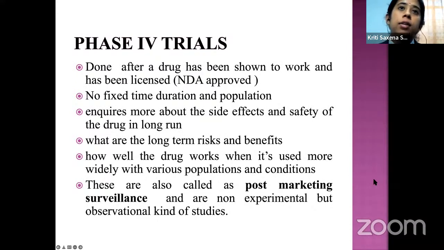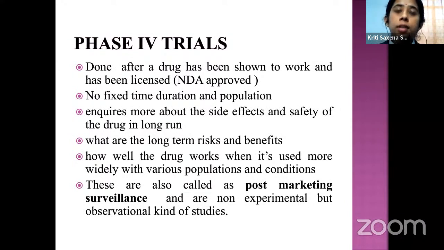The phase 4 trials are done after the NDA approval. In phase 4 trials, the drug that has been shown to work and has now been licensed is approved and marketed, but to whomsoever it is marketed, the data is always maintained.